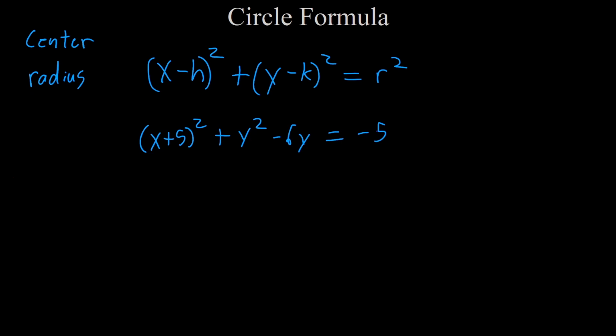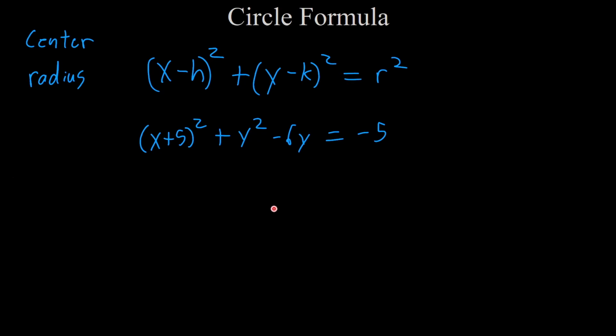This is an interesting one. If we look back at our circle formula written up top, there is no lone y. There is a y squared because we have the y inside of these parentheses and it's being squared. But what about this random y here? So what are we to do?